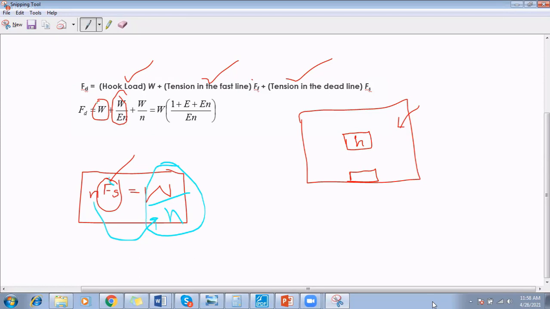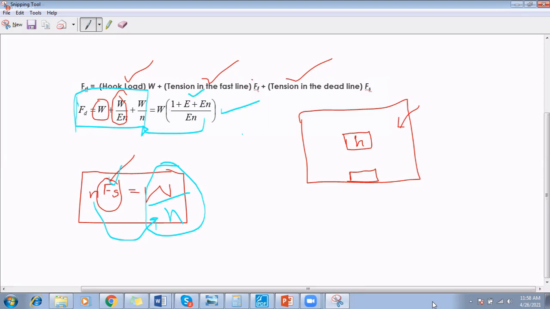So after adding these three loads, what you will get is this expression. I will suggest you derive this simple relation. You just need to take the LCM, and after that you will have this relation.